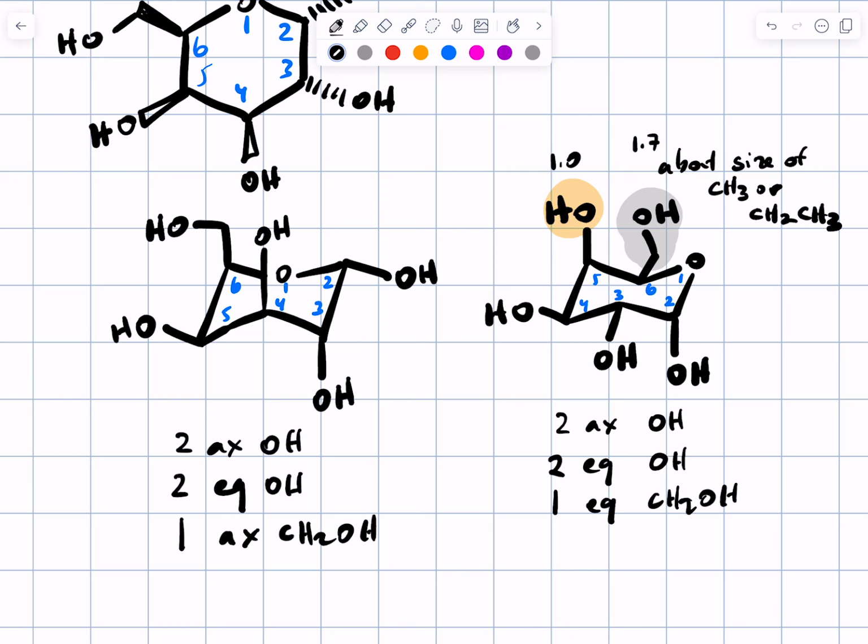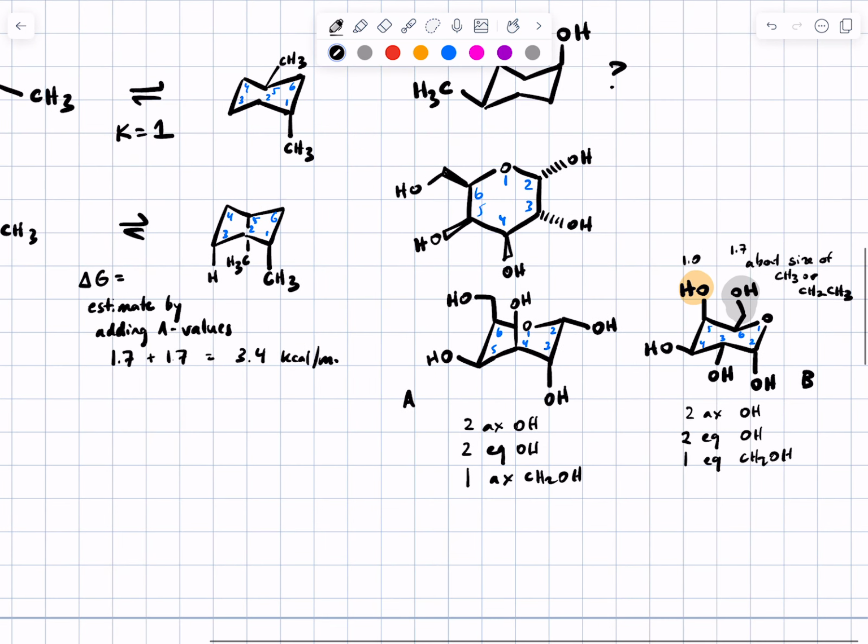Which chair is most stable? A or B? It comes down to simply the hydroxymethyl group, doesn't it? Because you have the same number of axial OHs and equatorial OHs on either side for either chair. The big difference is that the hydroxymethyl group is axial here versus equatorial here. So yes, this is indeed the most stable chair.